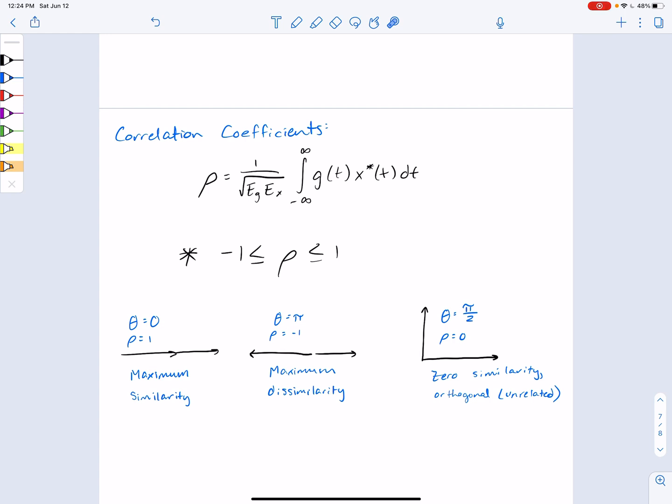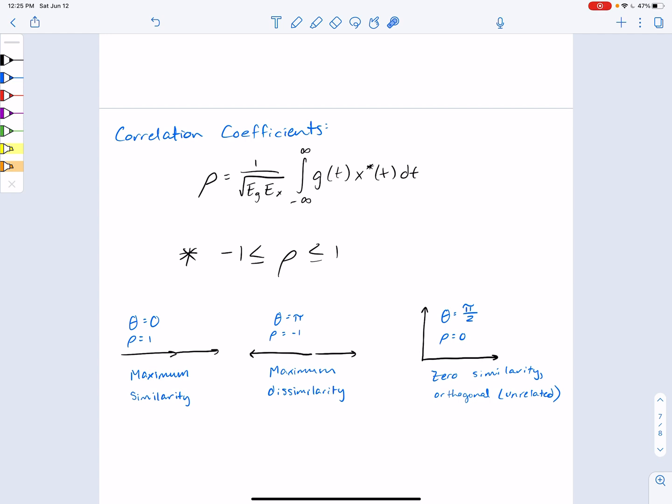And if they have no similarities whatsoever, then the correlation coefficient is 0, or they are orthogonal. Sometimes we use the analogy where a correlation coefficient of 1 means they're best friends, -1 means they're enemies, and 0 means they're strangers. That's one way you could think of it.